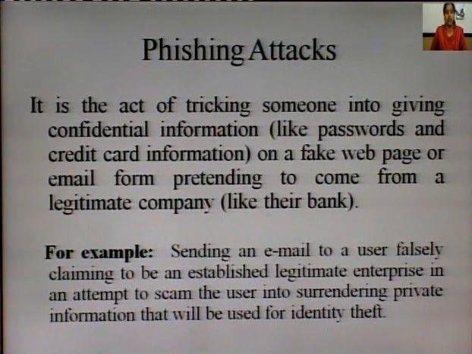For example, you may receive an email falsely claiming to be from an established legitimate enterprise, in an attempt to scam the user into surrendering private information that will be used for identity theft. They can steal your identity, your bank data, your money, update your data, and change your digital signature, etc.